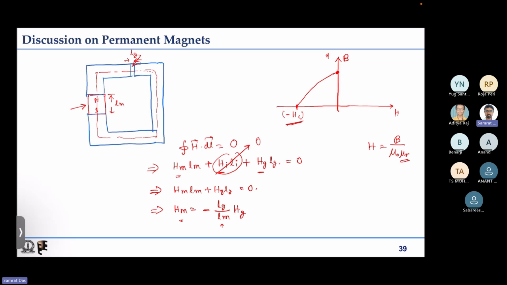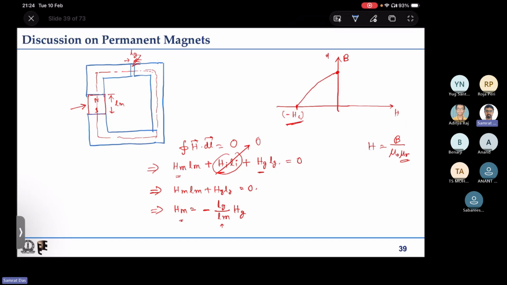So as soon as we keep our permanent magnet in any environment, there is some negative magnetic field applied across it, and that is why it will slightly go in the negative direction.